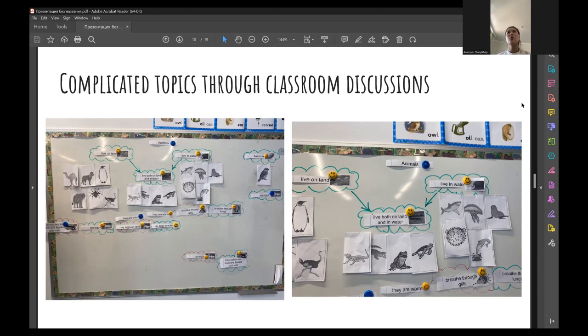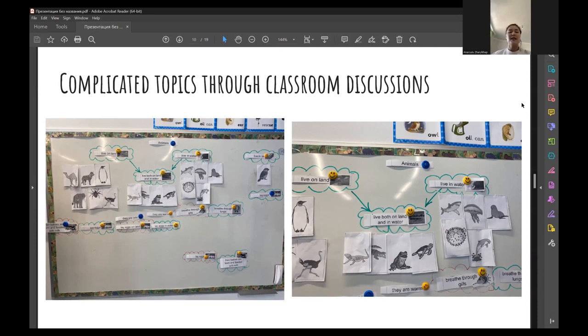It's so long, and you can imagine how many hours I got, and of course I cannot just all the time teach them only the parts and the habitats of animals. It pushed me to go even farther.